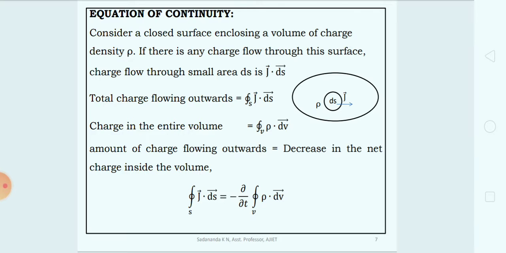And what is the total charge enclosed by that volume? That can be written in integral form, the volume integral of rho dv. Now remember, the total charge that is flowing outward through the surface is the surface integral of vector j dot vector ds, and the total charge in the entire volume is the volume integral of rho dv, where rho is the volume charge density, j is the current density, dv is the elemental volume and ds is the elemental area.